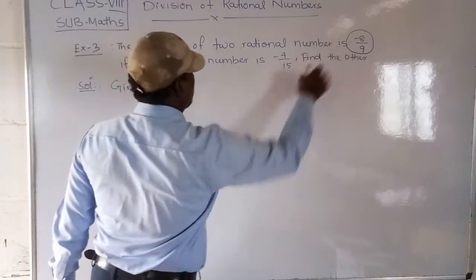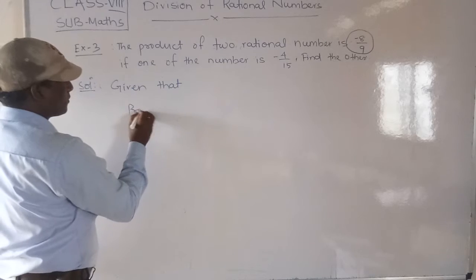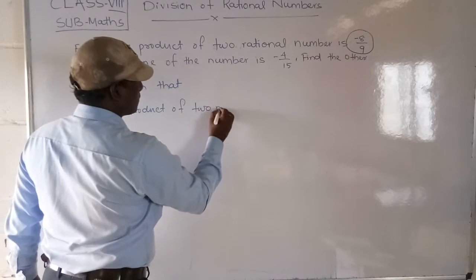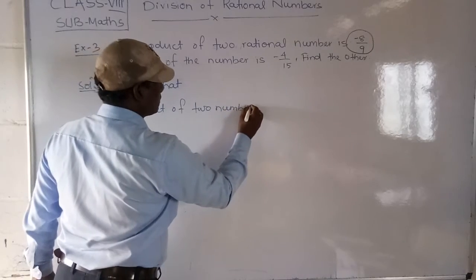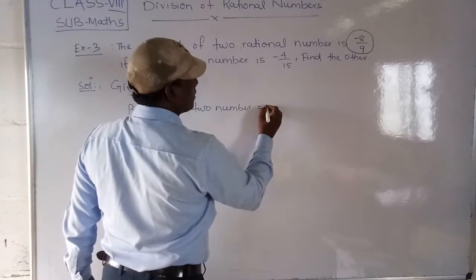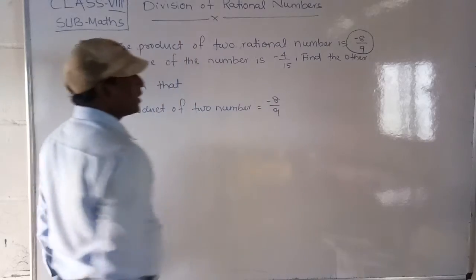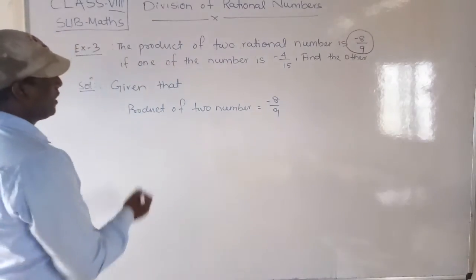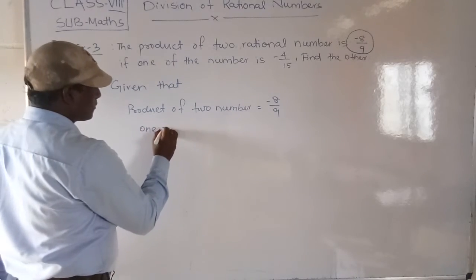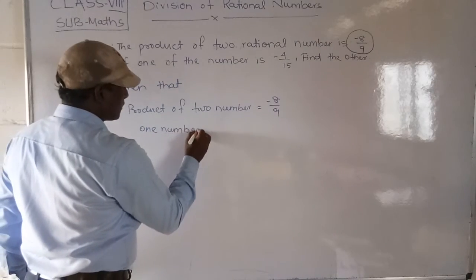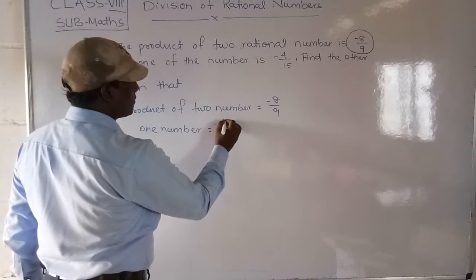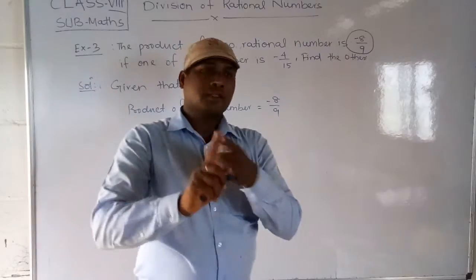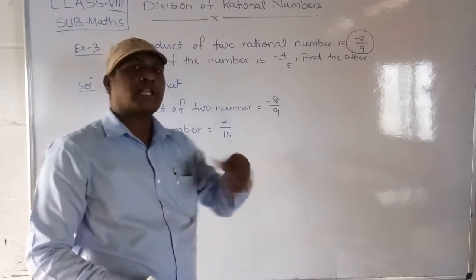The product of the two numbers is given as minus 8 by 9. One number is minus 4 by 15. Observe friends, two numbers multiplying give the answer. One number is given, the other number we have to find out.